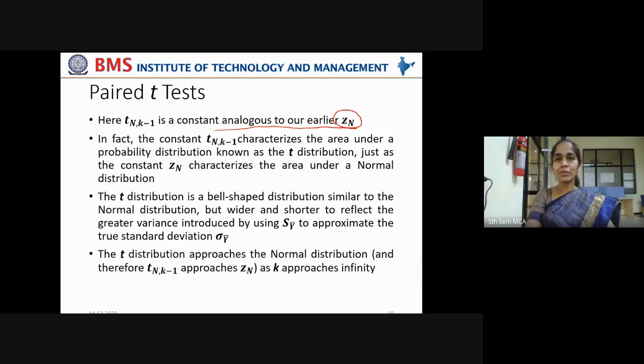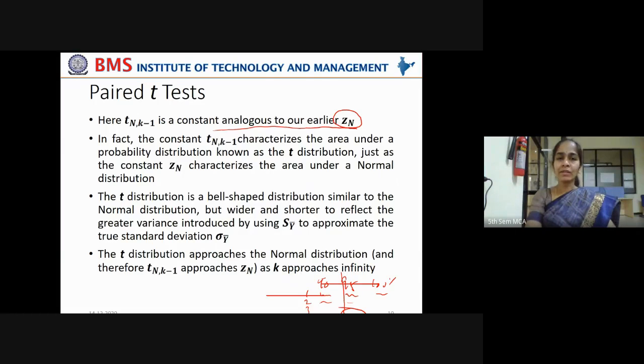You can just Google for T distribution tables, and in that for every confidence interval, 90%, 95% and 99%, for each degrees of freedom, 1, 2, 3, 4, the T value is given in the table. So you can locate for 95% confidence interval at 4 degrees of freedom what your T value is.